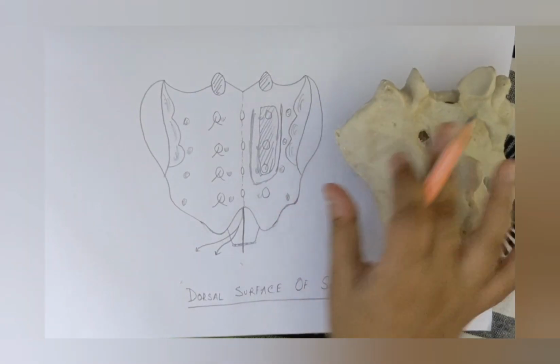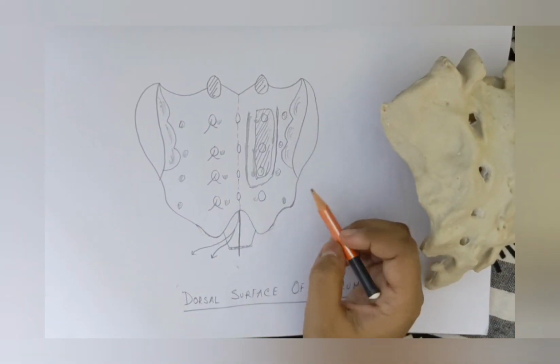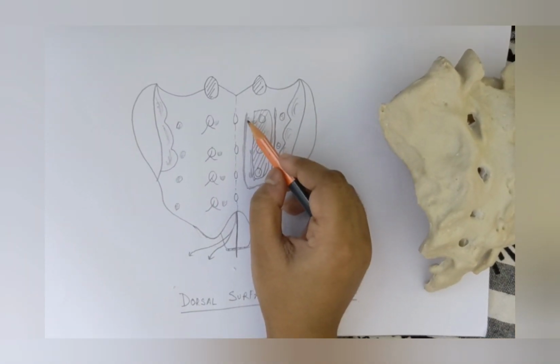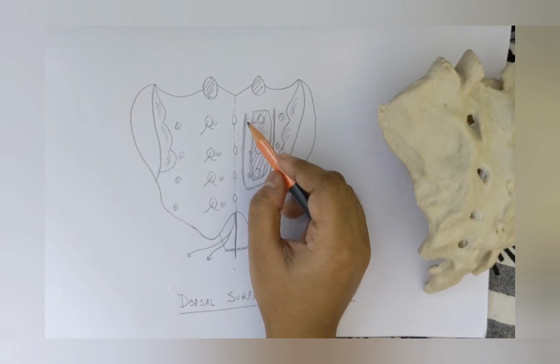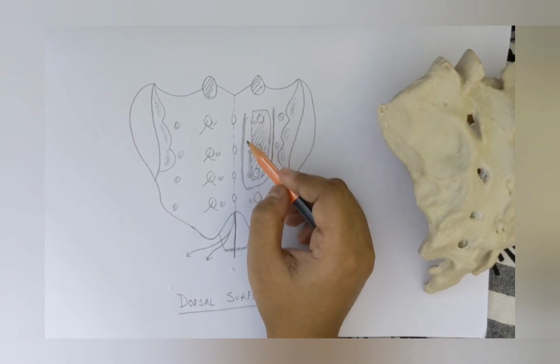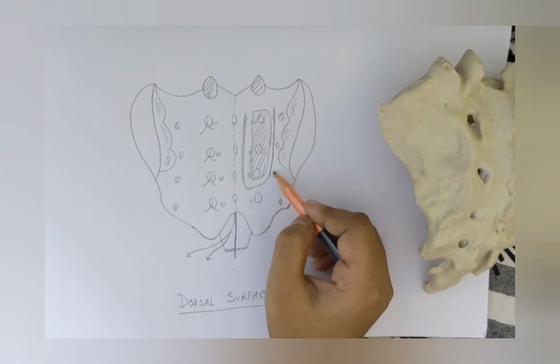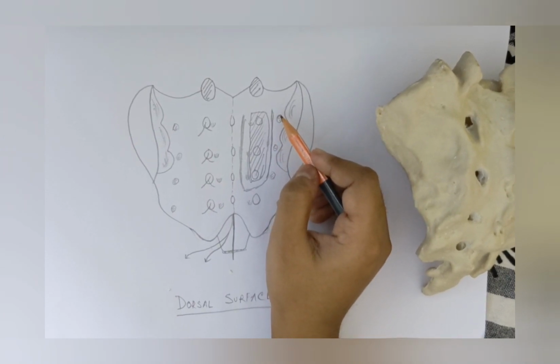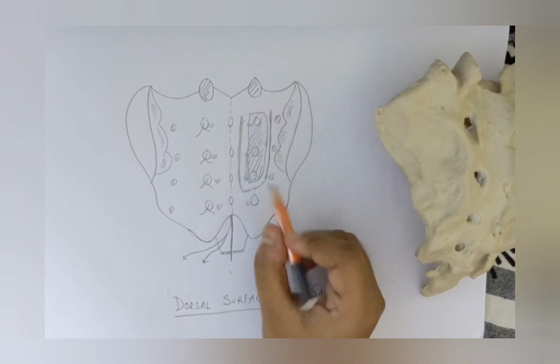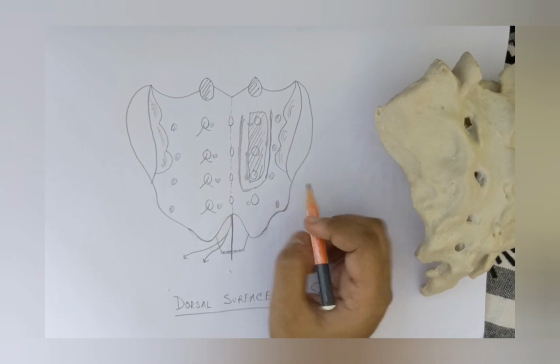This is the erector spinae muscle. The erector spinae muscle is attached to the dorsal surface, forming an elongated U-shape involving the continuous rows of the spinous and the transverse tubercle.